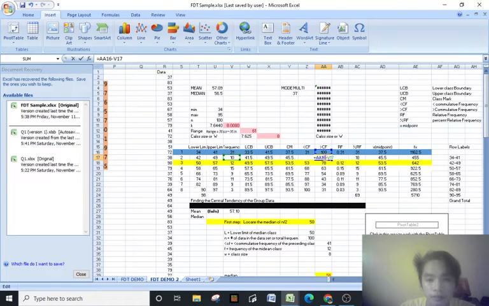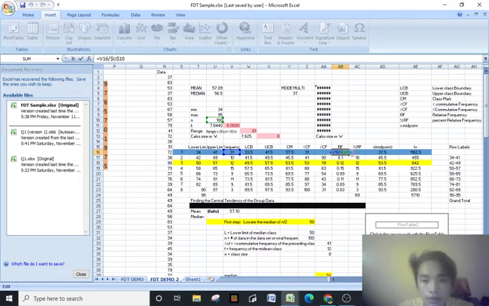Then do the opposite: subtract the frequency from the preceding greater than CF. Click enter.